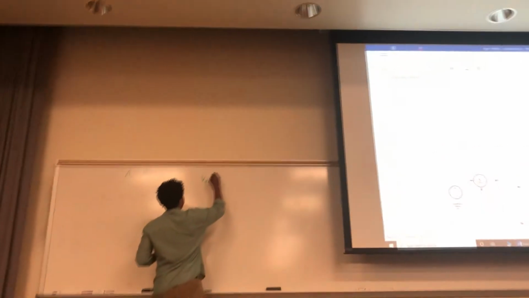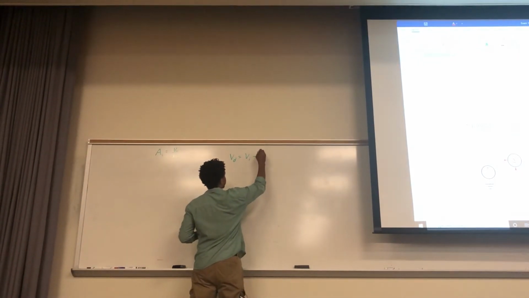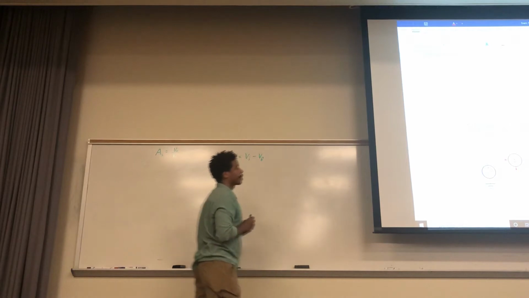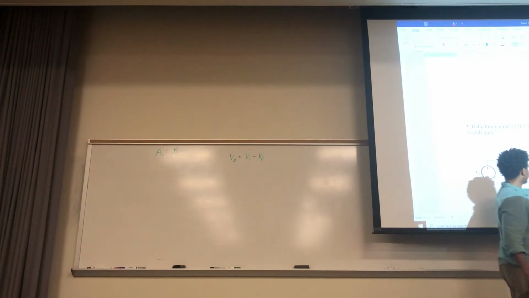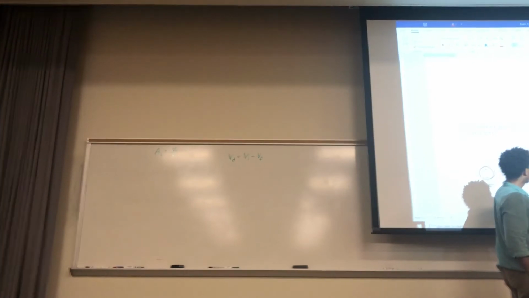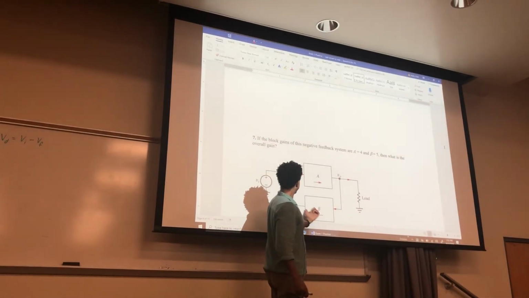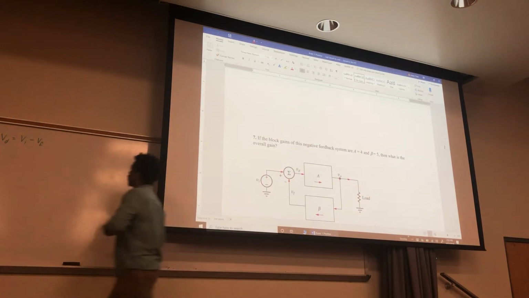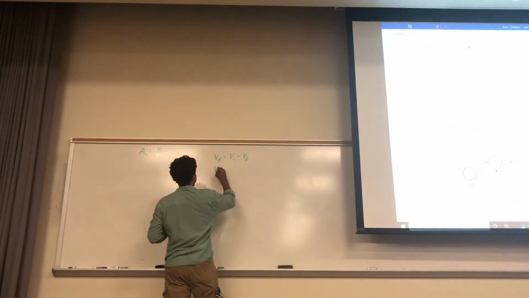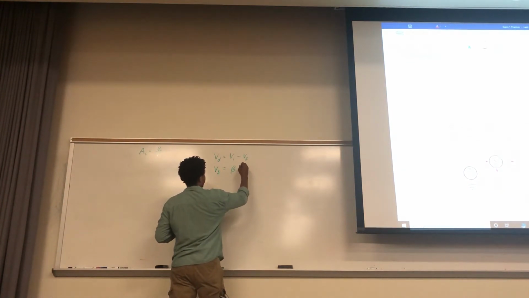So Vd is Vin minus Vf. And Vf came from this right here, passing through beta. The input of beta is what? Yeah, V out. So Vf is equal to beta times V out.